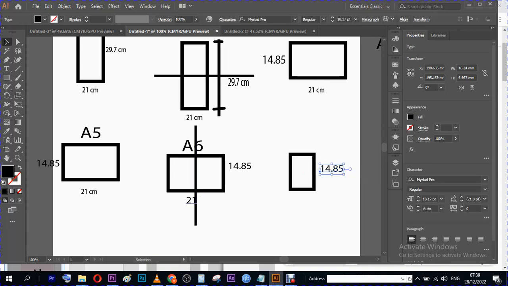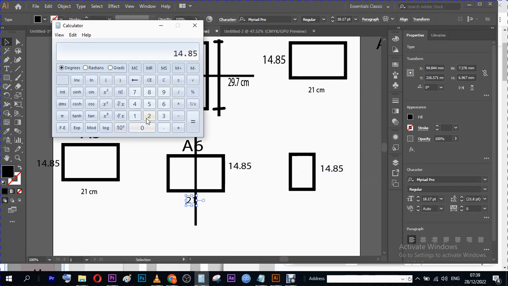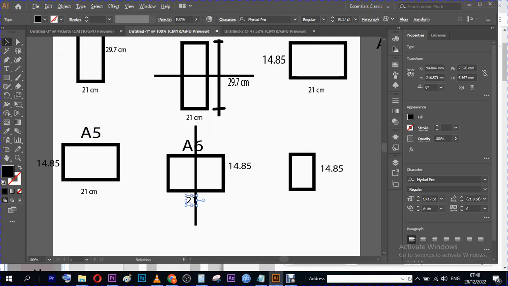Then this below one, we are now going to divide 21 by 2, meaning we shall be having 10.5.